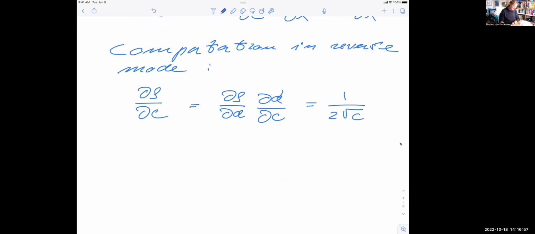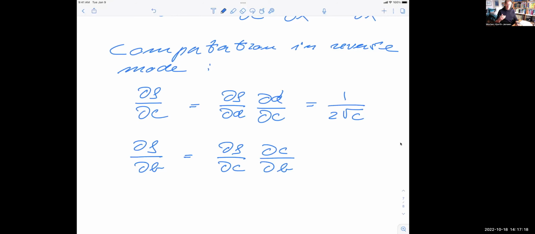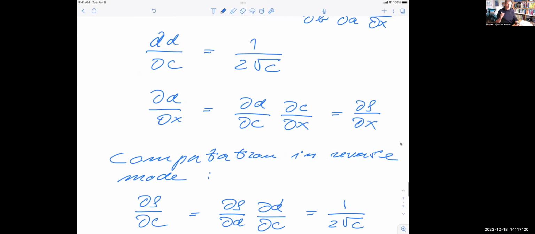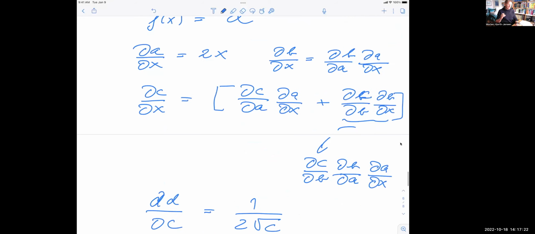Then, if I now take the further reverse mode and I take df/db, this is the same as df/dc. I'm just using the chain rule, and this is exactly the same way we would propagate the derivatives backward using the backpropagation algorithm for a neural network. It's easy to see the link here with a neural network without going too much into detail.